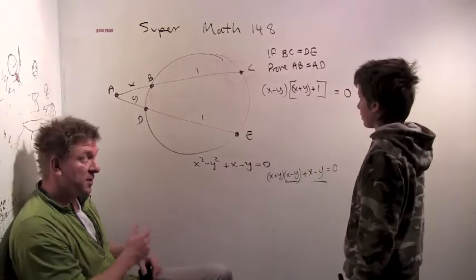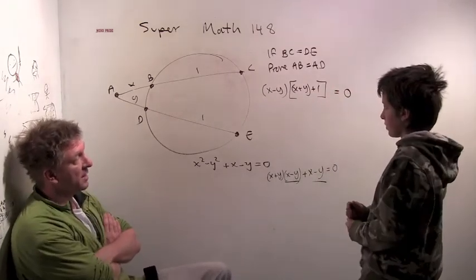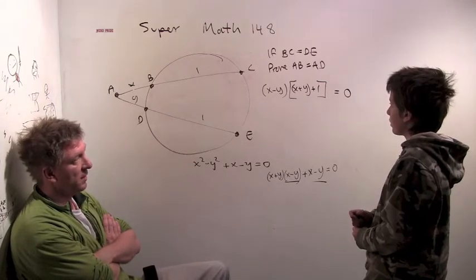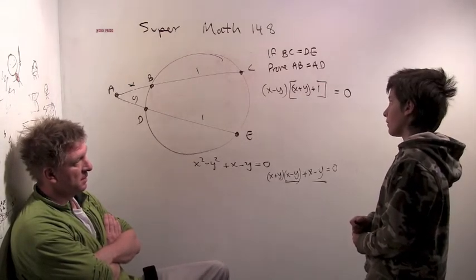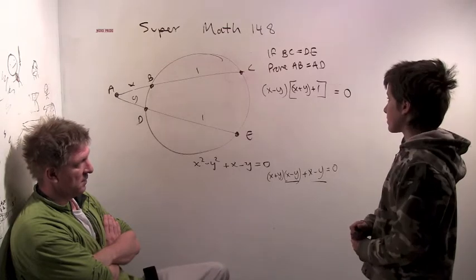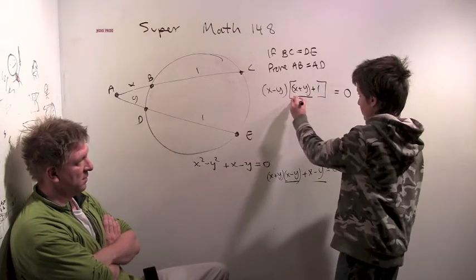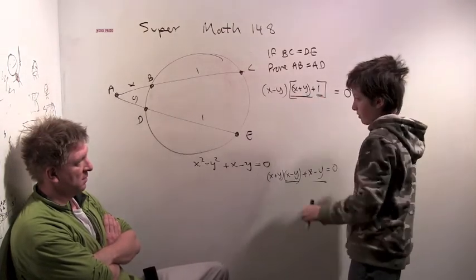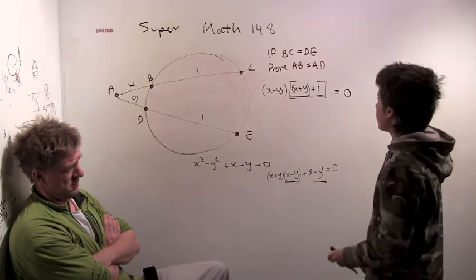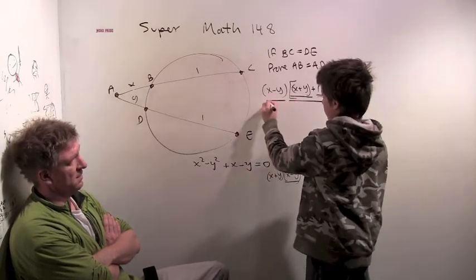It's been a while since we talked about algebra, but now I have a product that's equal to 0. Do you remember what that must mean? Well, that means either this or this is 0.